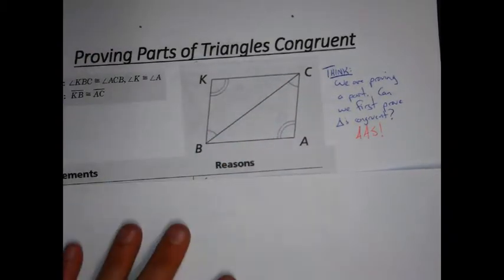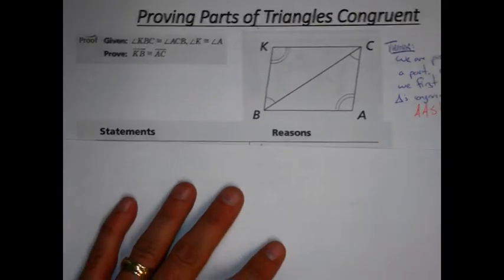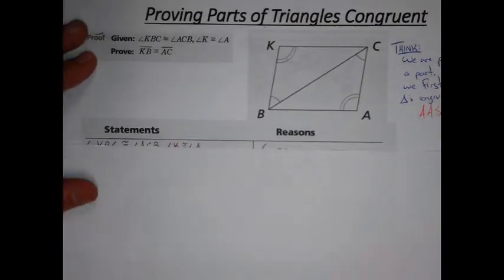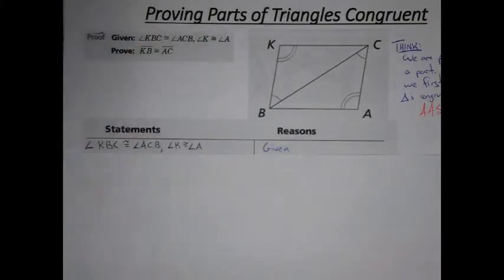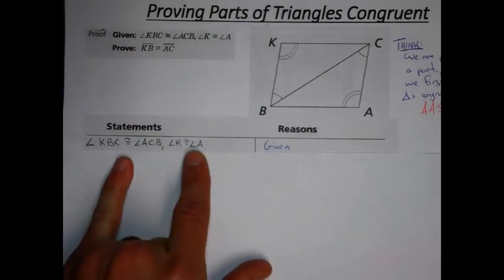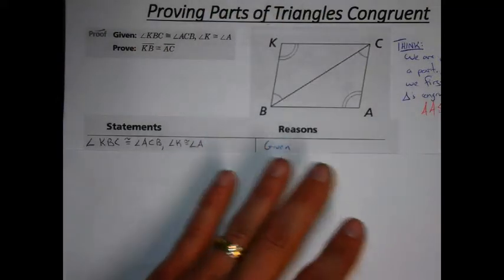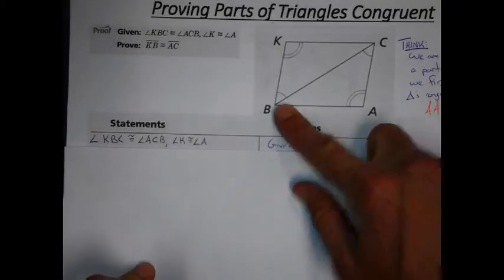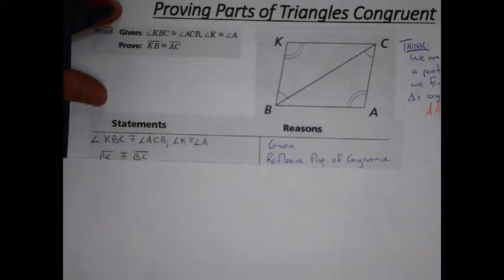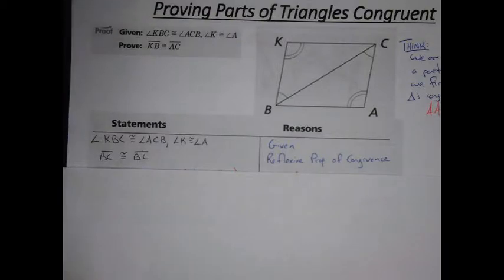How's this proof going to work? Well, we start with what we start with, which is given, right? We know that. So we have our 2 things that are given. So in this given statement, we have established our 2 angles. Now, what are we missing? We're missing the side. So how can we prove that side congruent? By using the reflexive property.